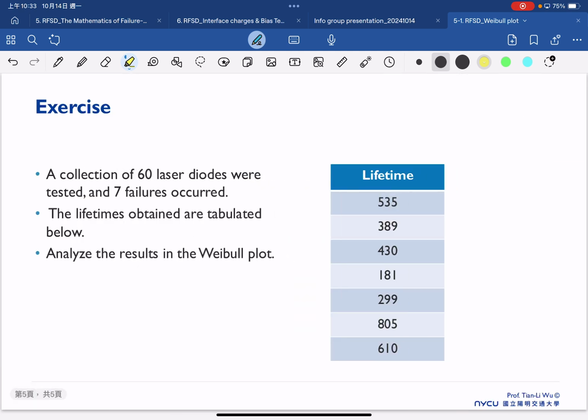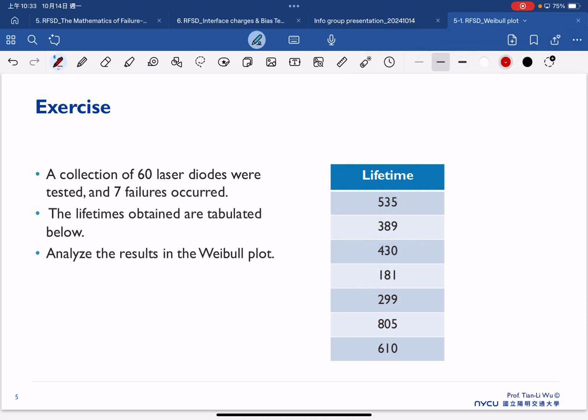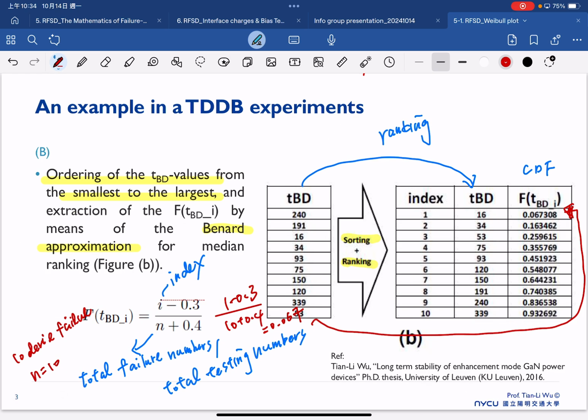So here is one example that you should try to calculate right now to make the Weibull plot, where you have 60 laser diodes. This is a case where we test 60, but we only have 7 values. So in this case, N is equal to 60. The difference from the previous one is that previously we tested until all failed. So N equal to 10 because we only tested 10 and all 10 were failures.